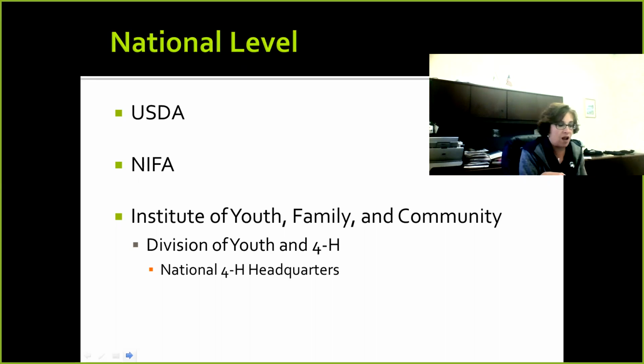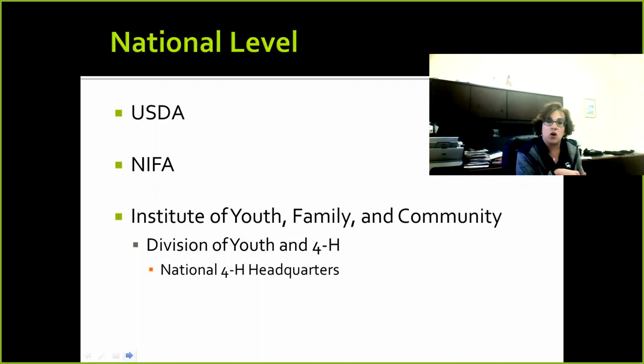That is run by the U.S. Secretary of Agriculture, which is a political appointment. So that appointment can change every 4 years or every 8 years. I am guessing that in January, or probably December, but will take effect in January, there will be a new Secretary of Agriculture. No idea who that will be at this point. Then there is NIFA, which is the National Institute of Food and Agriculture.